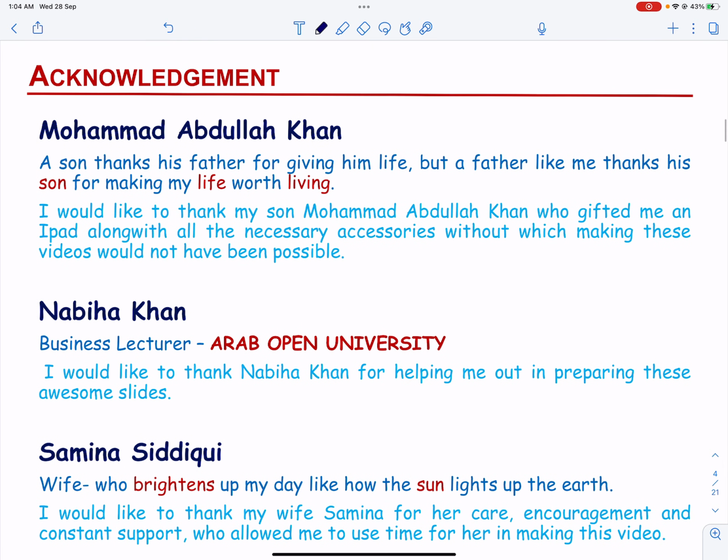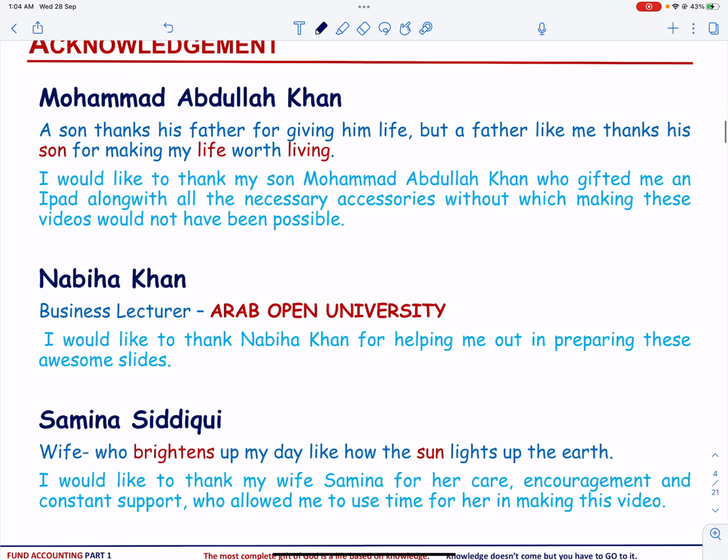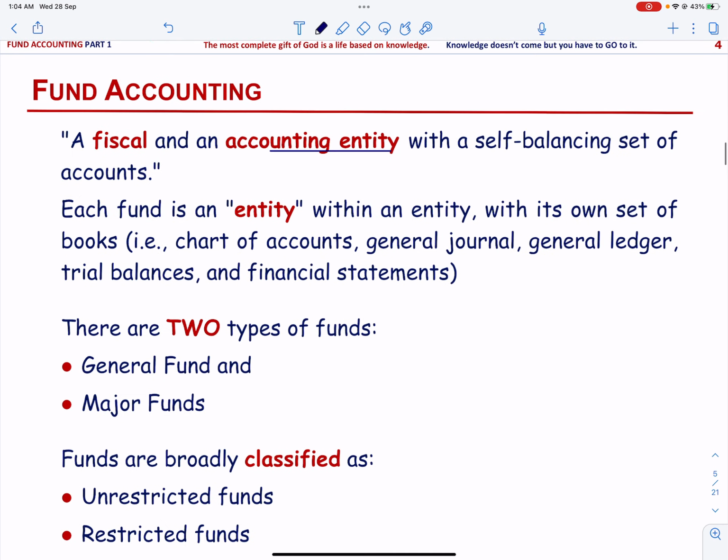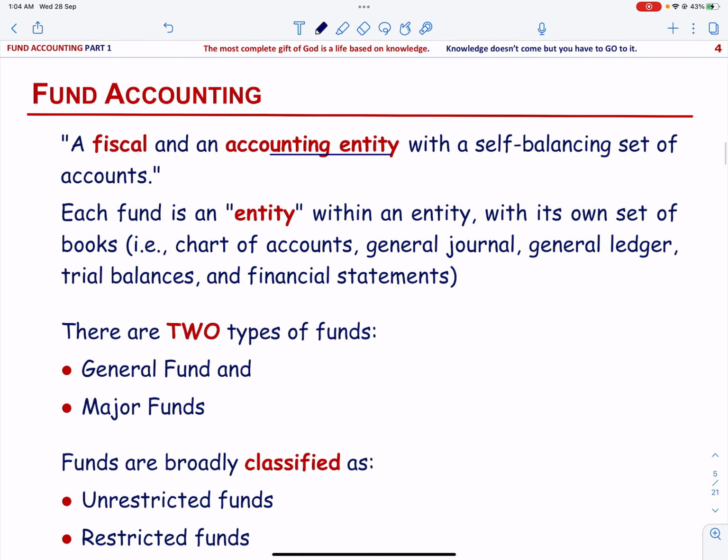So let us start with what is fund accounting. The main purpose of governmental reporting is accountability towards the users. These statements record the revenue generated and expenses incurred by the government in the various projects.